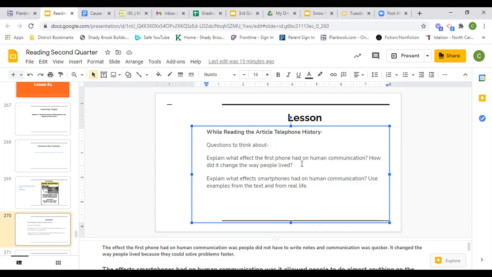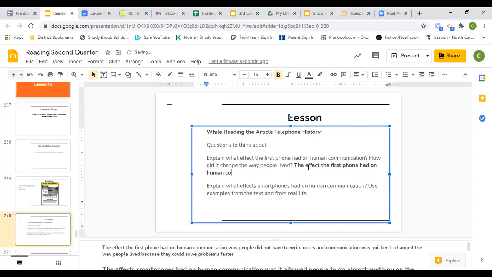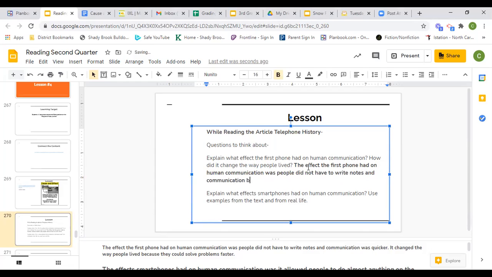Well, we need to start out with a complete sentence. And I'm going to make sure it's bolded so you can see it. The effect the first phone had on human communication. That's how people talk with each other. Was people did not have to write notes, and communication became quicker.